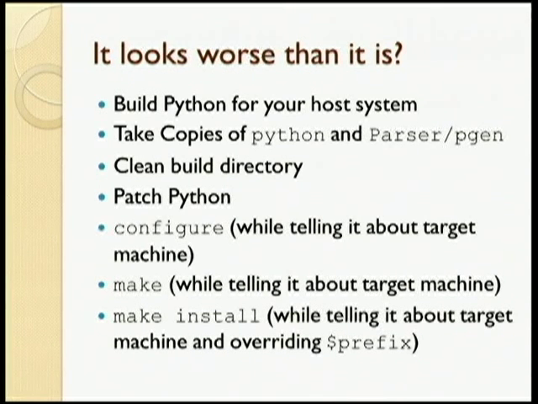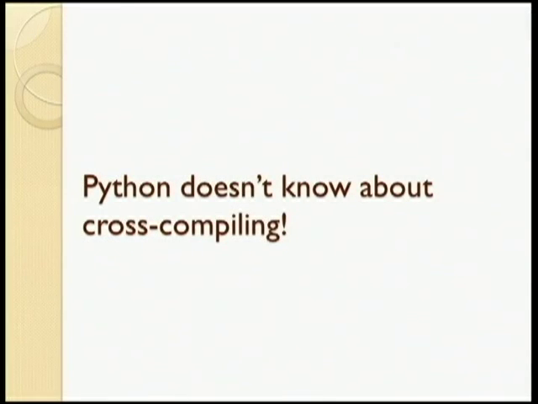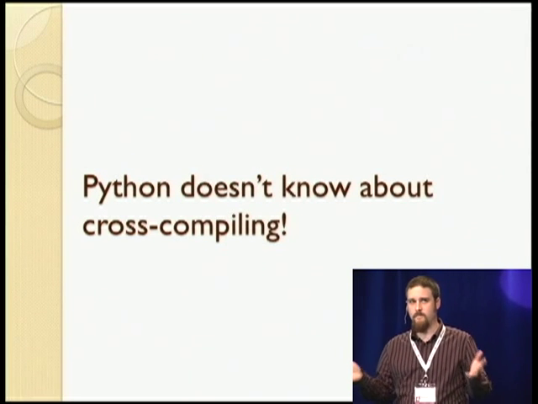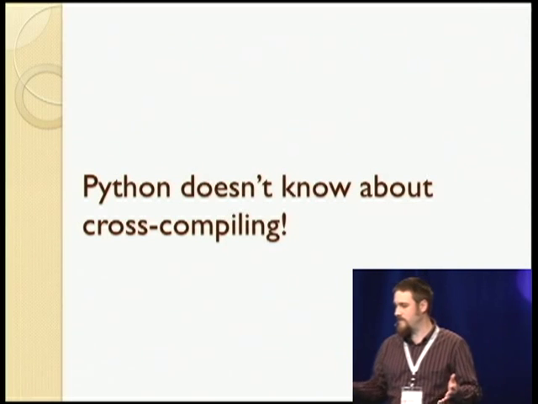And then you run make install while telling it about your target machine. Oh, and because you're not really going to install it in the place that is the final location on your embedded system, you also have to override prefix. So, what was all that about telling Python about the cross-compiling? Well, Python doesn't know about cross-compiling, so we have to keep reminding it.